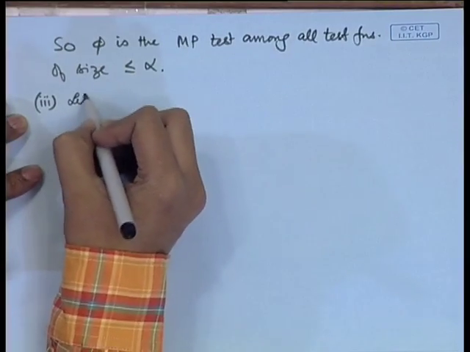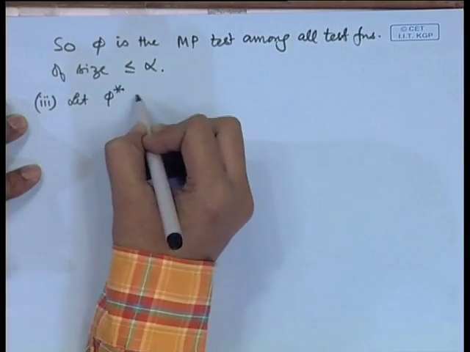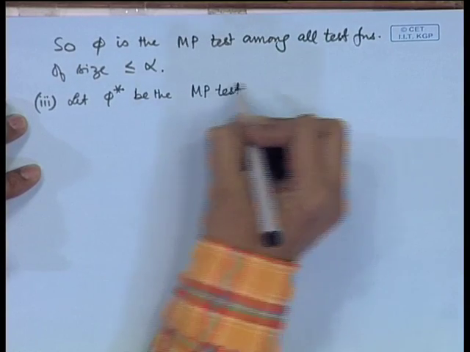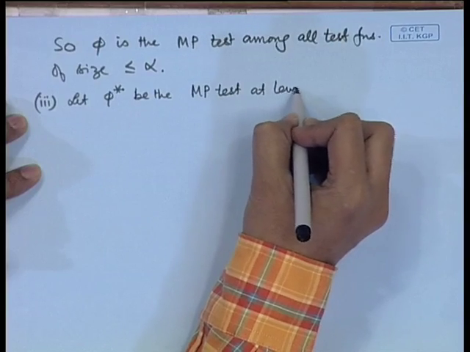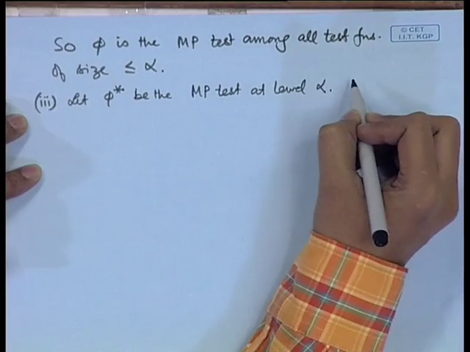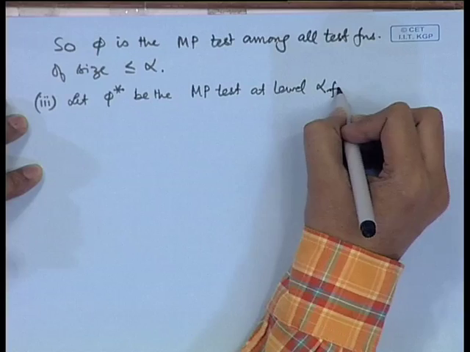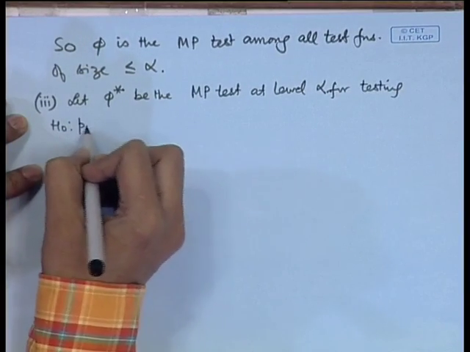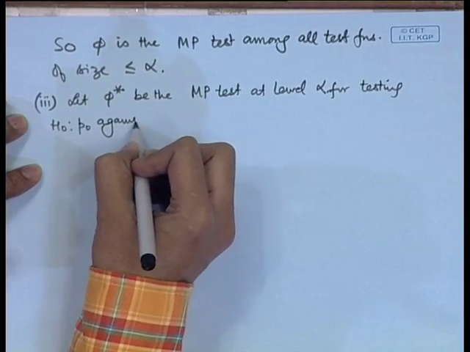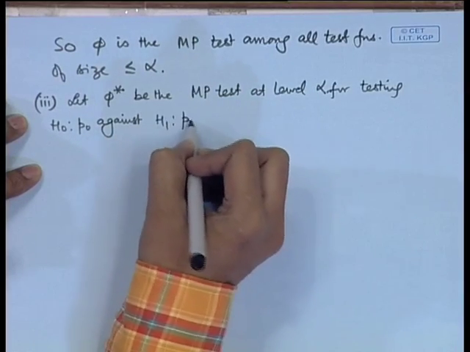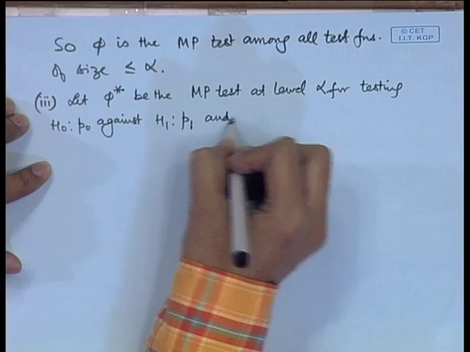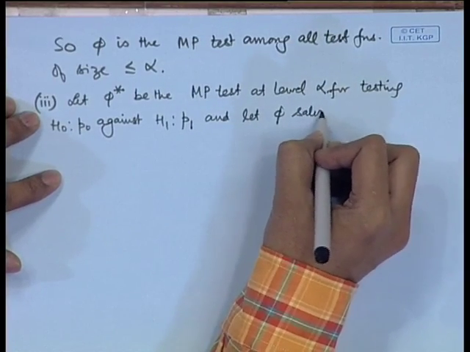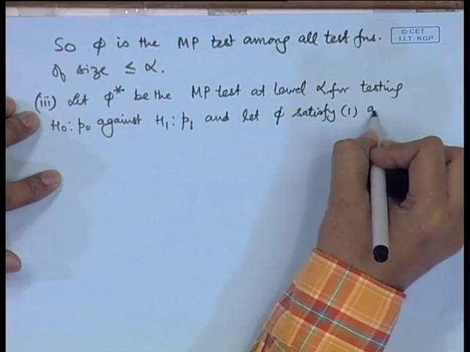So, let phi star be the most powerful test at level alpha for testing H naught, P naught, against H 1, P 1, and let phi satisfy 1 and 2.